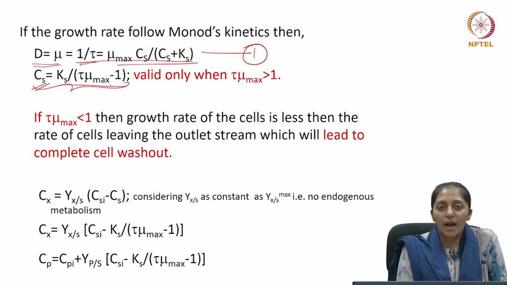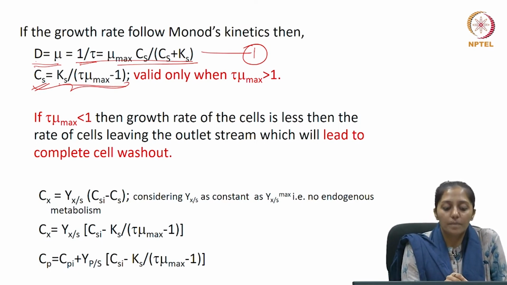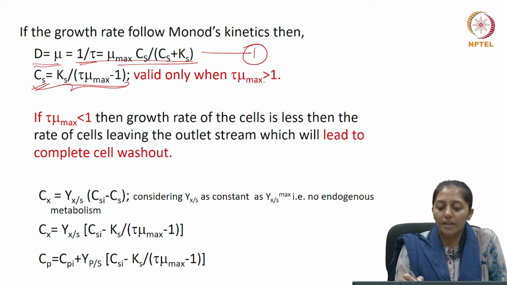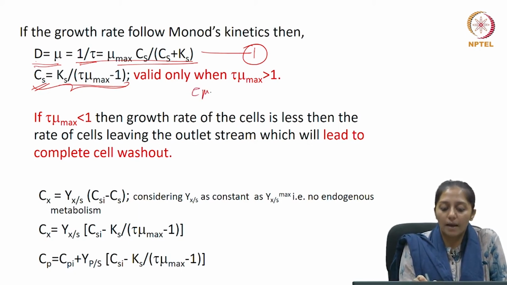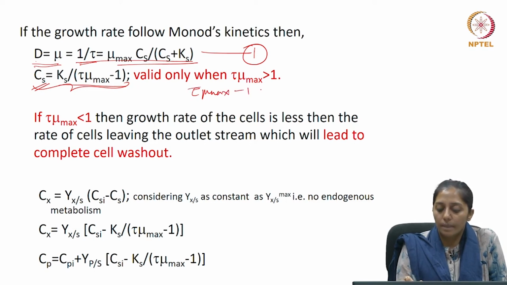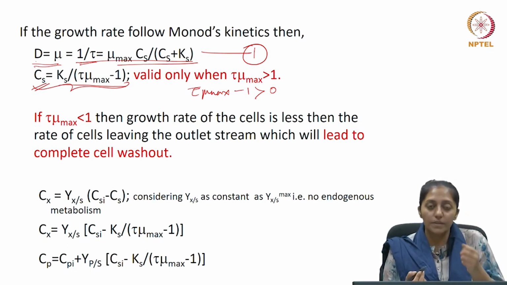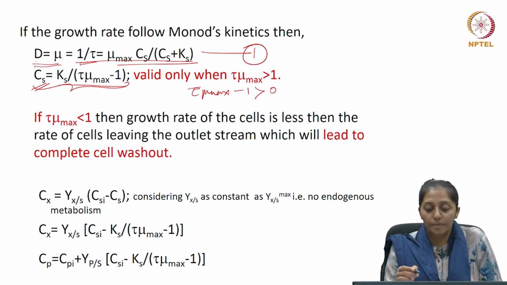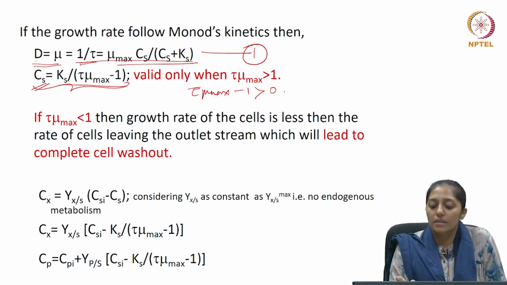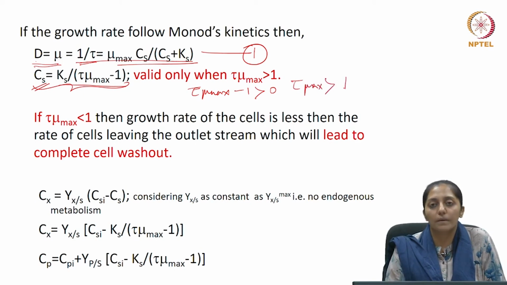This is valid only when the denominator, which is tau mu max minus 1, is greater than 0. Less than 0 it becomes negative, so it has no physical significance. So, this in turn means that tau mu max has to be greater than 1.